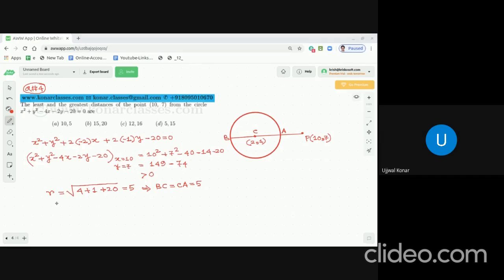But what we need to find is the greatest distance and the least distance. First, we need to find CP. What is the value of CP, dear students? CP is the distance between the center and the given point. So CP is equal to square root of 10 minus 2 whole square plus 7 minus 1 whole square.